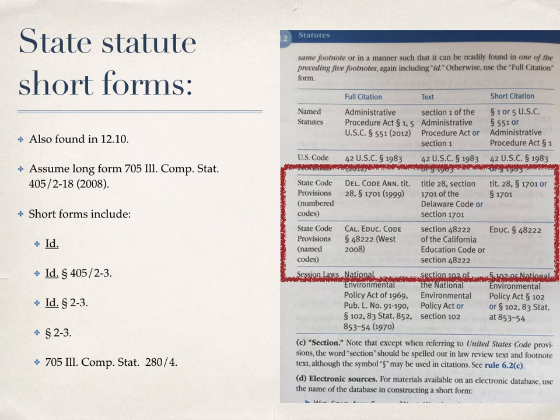Id section 2-3 says, well, I've cited a different section from the Juvenile Court Act, but I'm bringing my reader's attention back to this particular provision of the Juvenile Court Act. Section 2-3 alone would be appropriate where I haven't cited to any other titles or any other chapters within my paper. If everything is coming from the Juvenile Court Act, then section 2-3 is going to give my reader enough information to find what he is looking for.